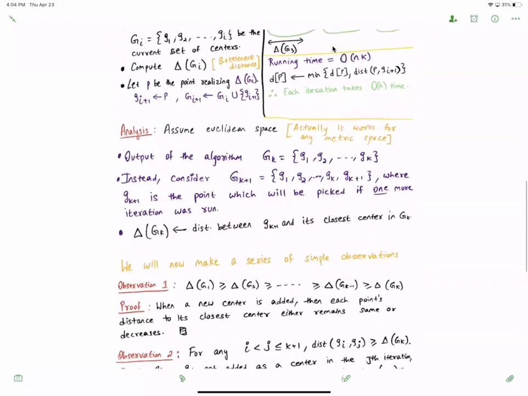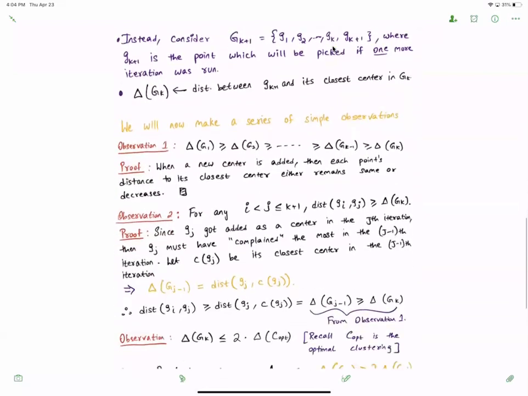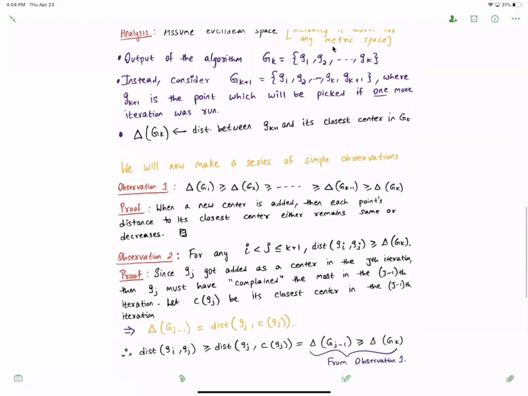And now let's go to the second observation. So what does this say? This says for any i and j such that i is less than j, let's look at the distance between G_i and G_j. G_i was picked first in the ith iteration.